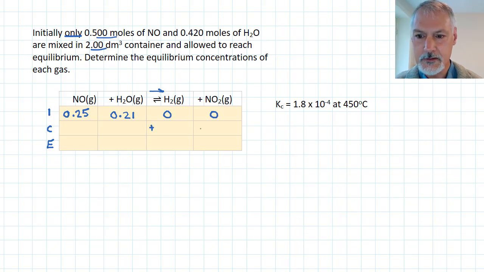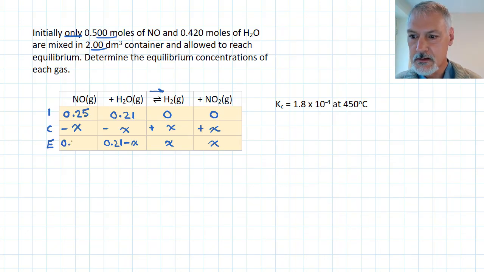So these two have to go up ever so slightly, and these will both go down. And I'll let the change here be x, and a 1 to 1 to 1 ratio across the board suggests that these changes will all have a value of x. So at equilibrium, I'll have x and x of this, 0.21 minus x, and 0.25 minus x.